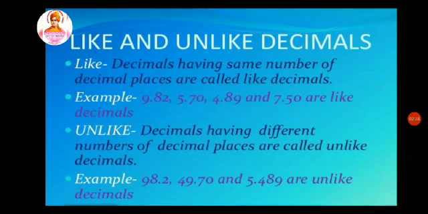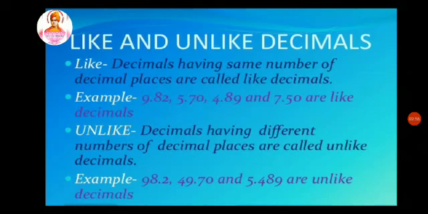For example, here I have 4 numbers: 9.82, 5.70, 4.89, 7.50. Let me check the decimal places in the decimal part. In the first number, I have 2 decimal places in the decimal part, that is tens and hundreds.